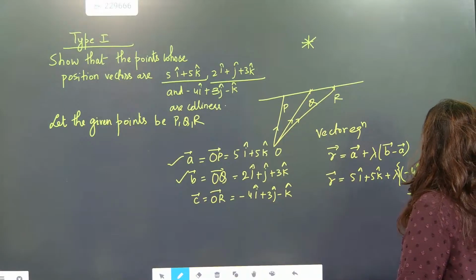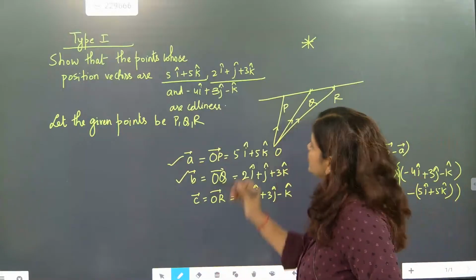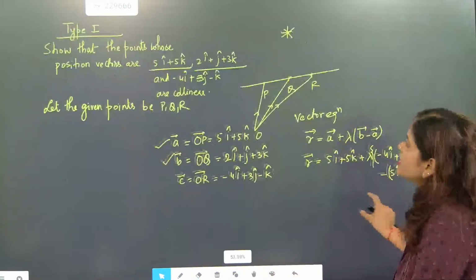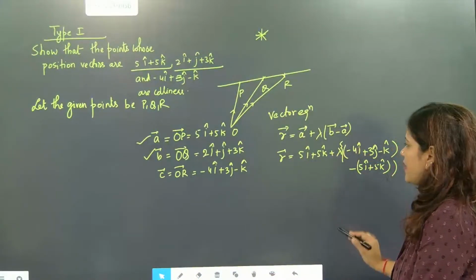So this is what you have written. What you did is you took only 2 points, A and B, and with the help of that you wrote the vector equation of a line: A plus lambda times (B vector minus A vector).